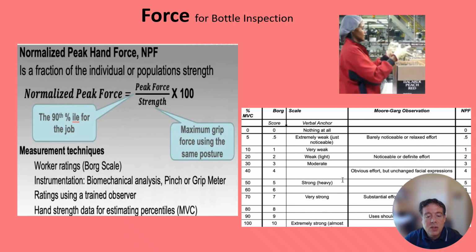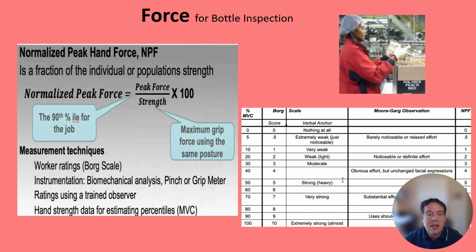And then you could use ways to train a worker to determine how much force, such as if it's more of a pinch, they could be cutting something, to get that idea, because I think people have a harder time rating pinch than they do grip. But as you see, this normalized peak force is the peak force divided by the strength.